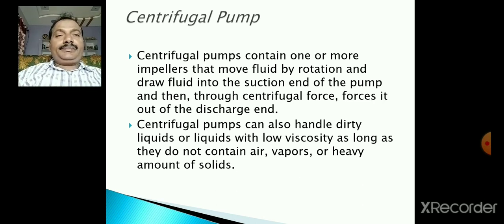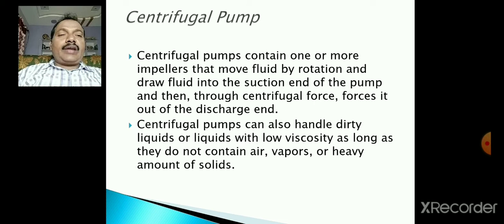Now let us see the centrifugal pump. Centrifugal pumps contain one or more impellers that move fluid by rotation and draw fluid into the suction end of the pump, and then through centrifugal force force it out of the discharge end.